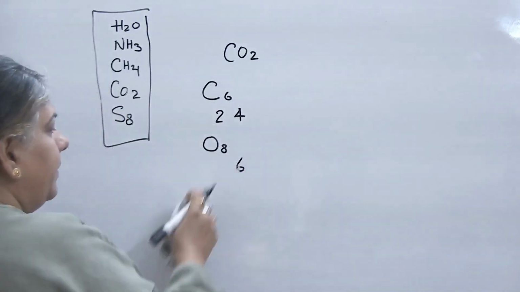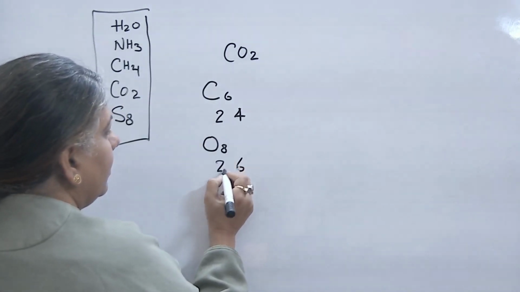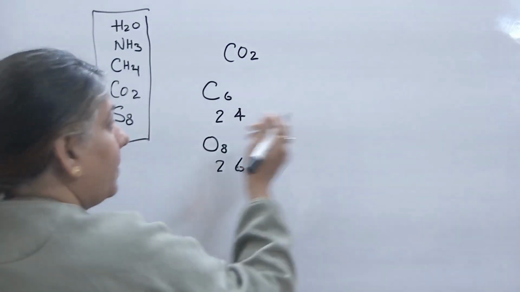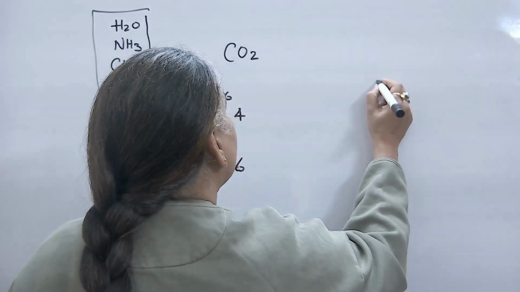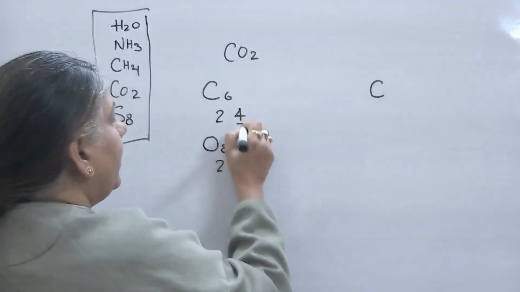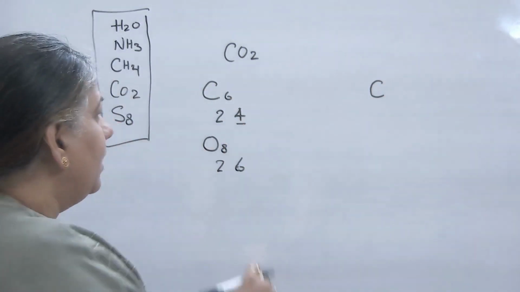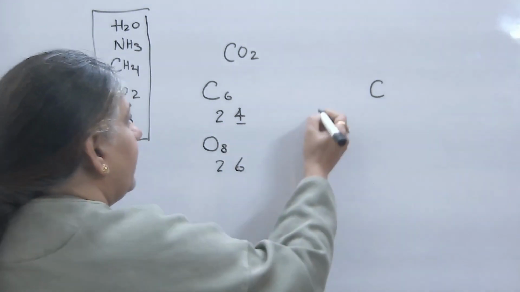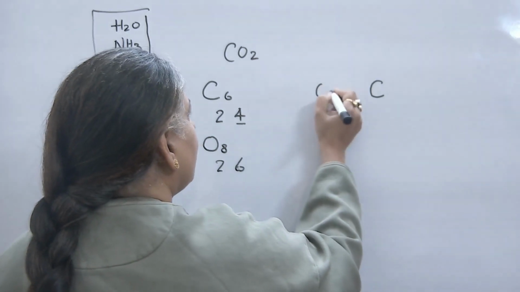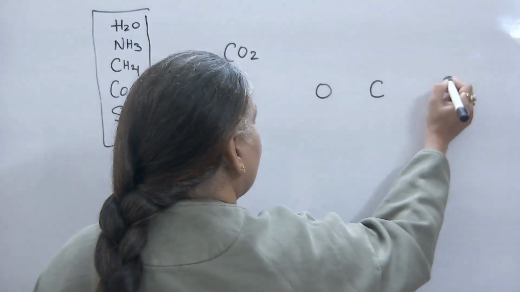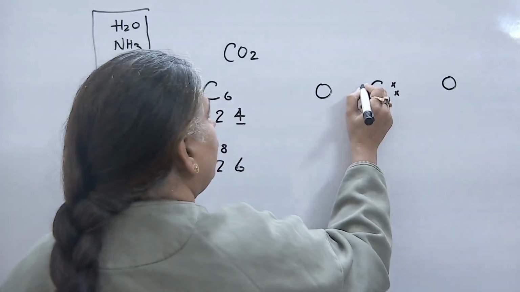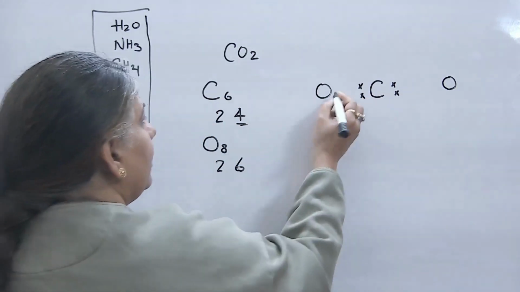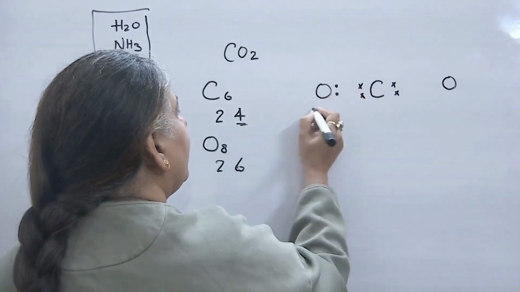So carbon will be the central atom, and on either side you will place an oxygen atom. Carbon has 4 electrons in its valence shell, and oxygen needs 2 electrons to complete its octet. We arrange the electrons of carbon, that is these 4 electrons, and the oxygen electrons.